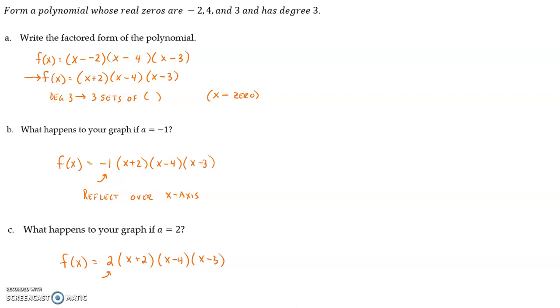And remember that when you have a number out in front that's bigger than 1, this is going to cause a vertical stretch to your graph by 2. Right, so you would be multiplying your y values by 2. Those x-intercepts are going to stay the same.